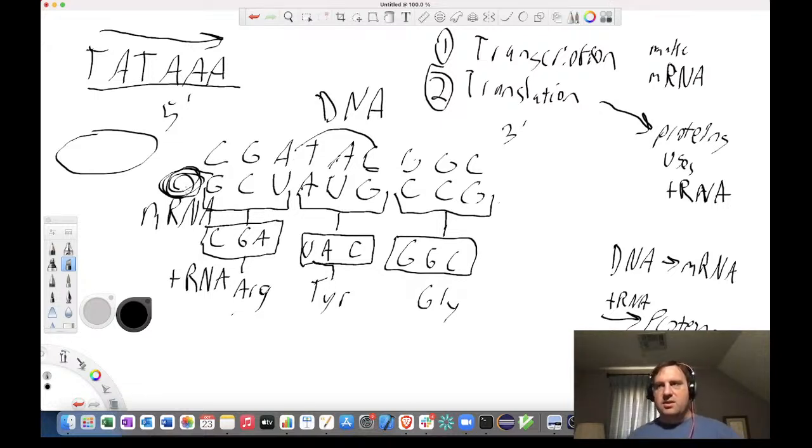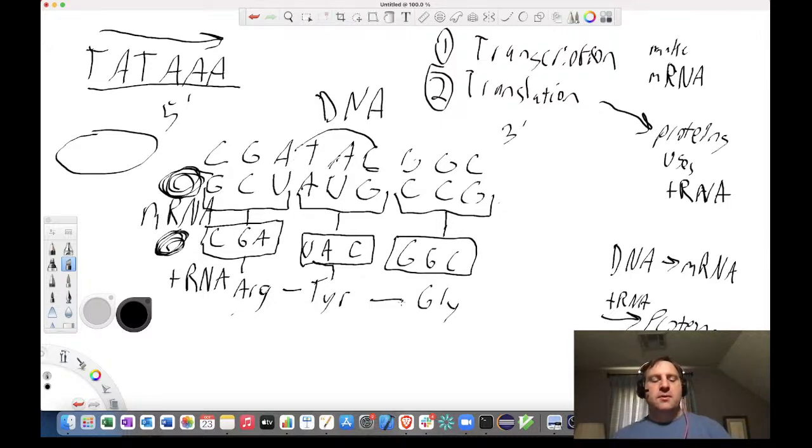The mRNA then in the ribosome gets attached, has little transfer RNAs come along and bring the amino acids with them, and then these bond together to form a protein.